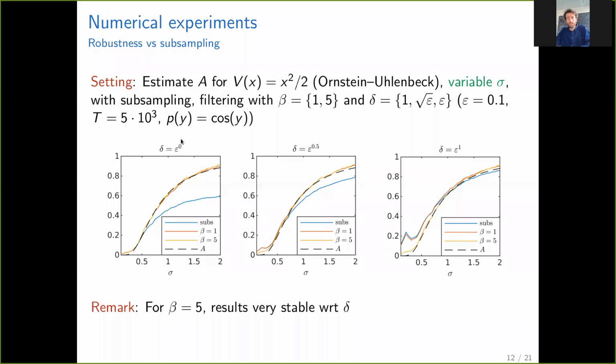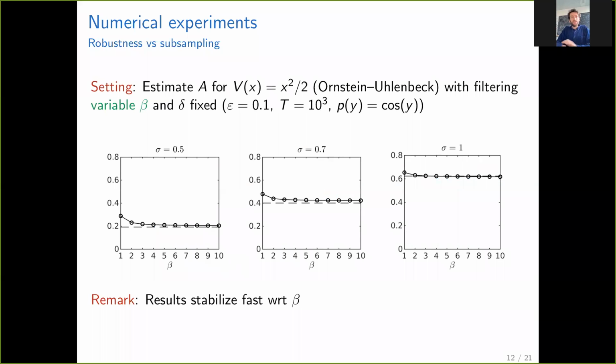Still, I insist that the best implementation of our filtering method is obtained when you take delta equals 1. And in this case, you can see that the filtering works extremely well. So I don't have to mention it, but I mention it nevertheless. For beta equals 5, in all 3 scenarios, the curve is extremely close to the value of the effective coefficient.